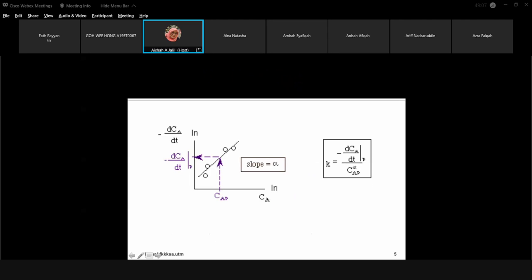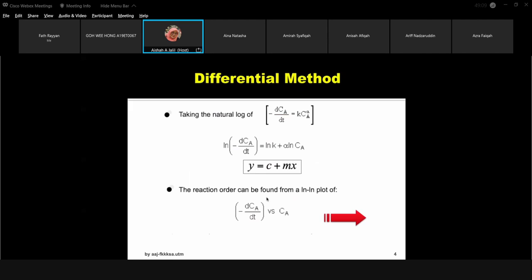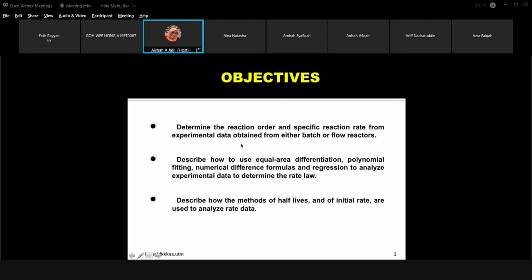Why do you have to get a set of data? Because the ln is on negative dCA per dt, not negative delta CA over dt, right? Not delta but d.